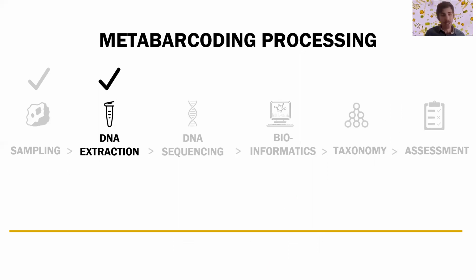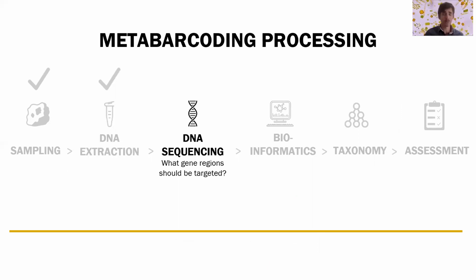So DNA extraction, operational now. We just need to work out the choices involved on who's using what, and think about that as we go forward. So once we have the extracted DNA, we need to sequence that DNA.